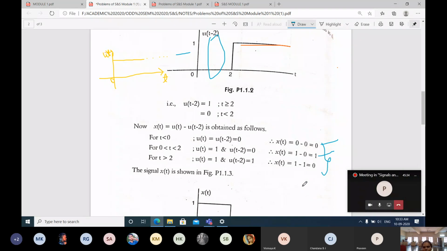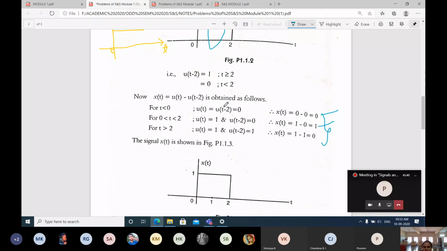Okay. Then what do we have to do? We got the values here. Now we just have to draw the signal. First draw the x-axis and also the y-axis. Mention x of t, since the output is what we are drawing, and then time t.